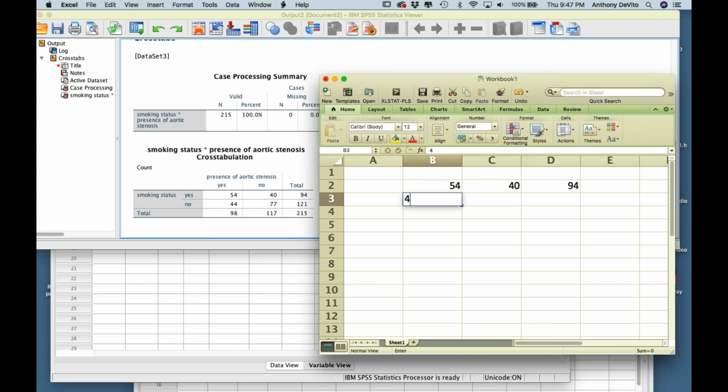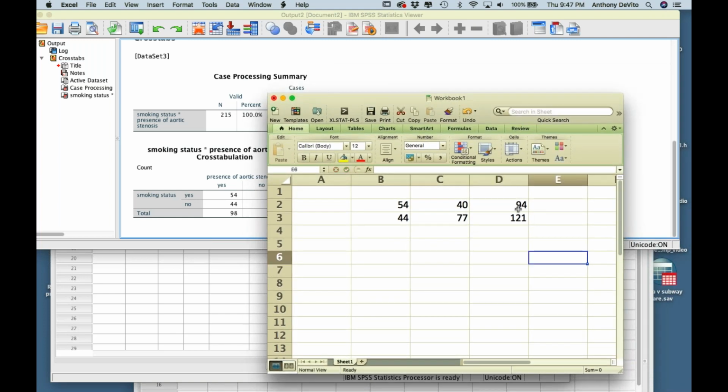Okay, and 44, and 77, and 121. Okay, so this is disease plus and disease minus. Got the disease, don't have it. This is the exposure, whoops, plus and exposure minus, not smoker and not smoker.